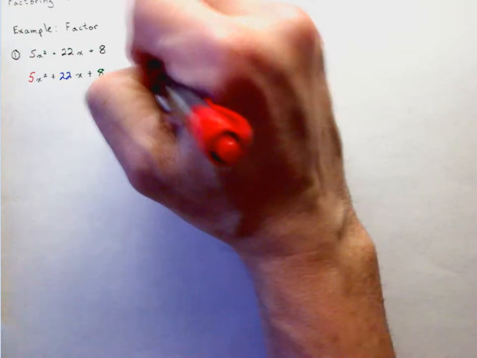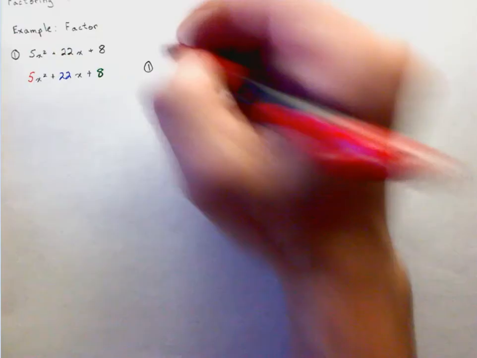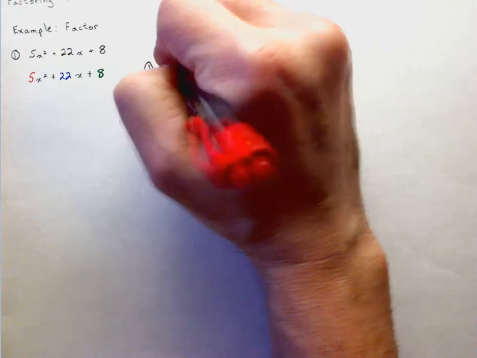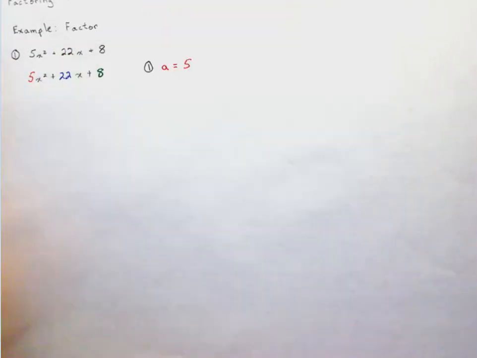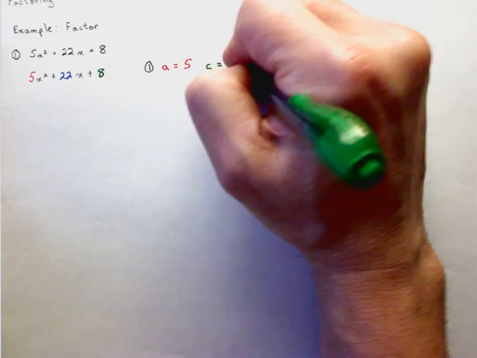Step 1, I'm going to find the product of a and c. a equals 5 and c equals 8.